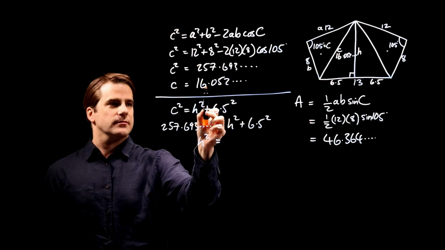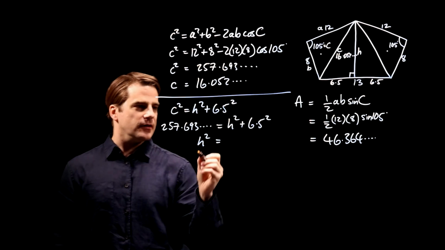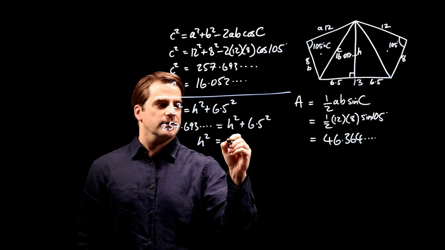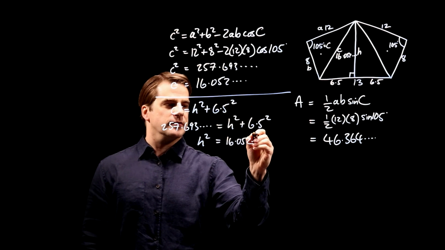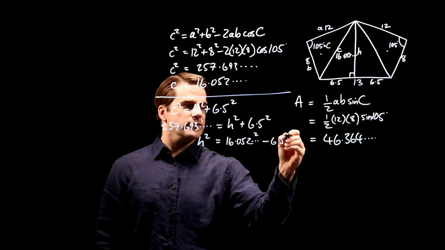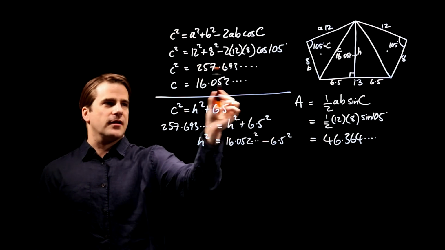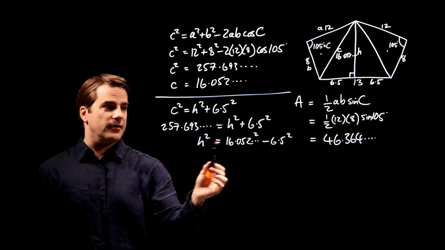So let's work with that. h squared is 16.052 whatever squared minus 6.5 squared. You can just dig it out of the memory and square it.